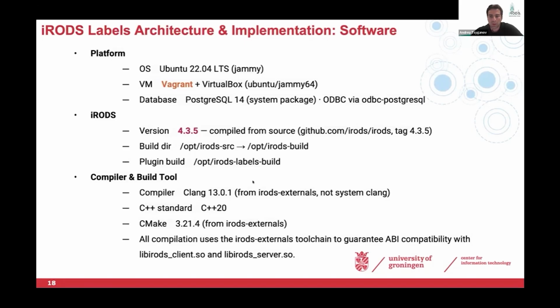These slides are informational. I've built a Vagrant VM to test the implementation and run the code, compiling iRODS from scratch, from the source, and using version 4.3.5 for tests, because at RUH at the moment we're using the 4.3 version.